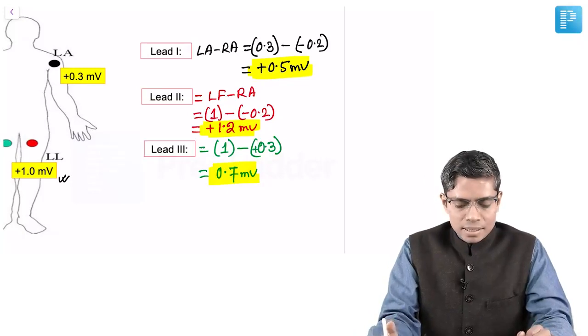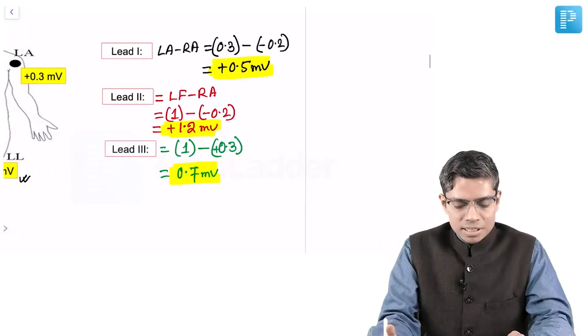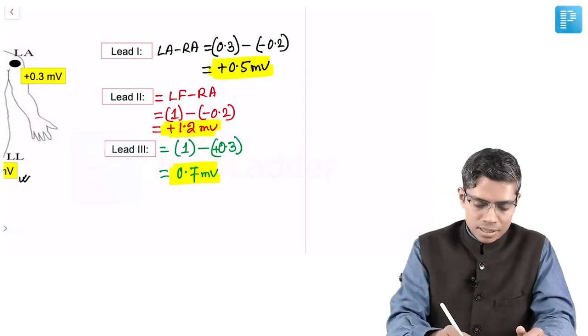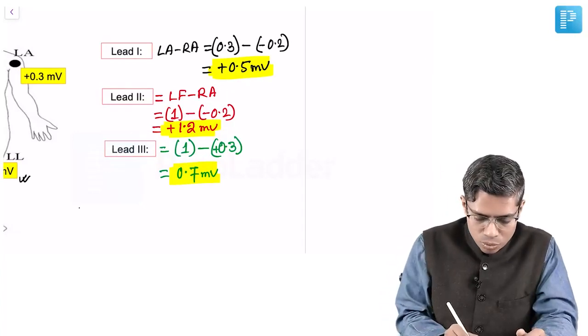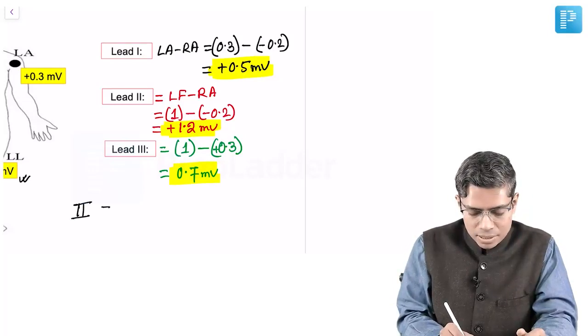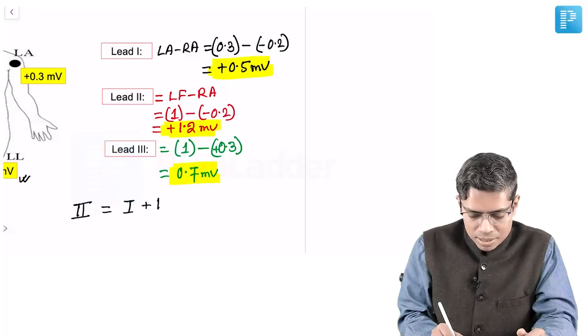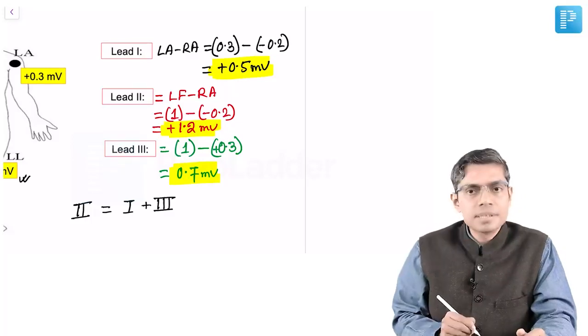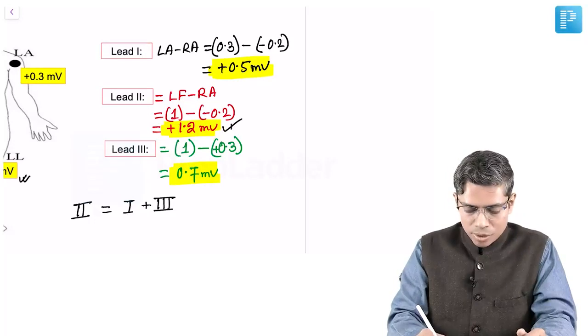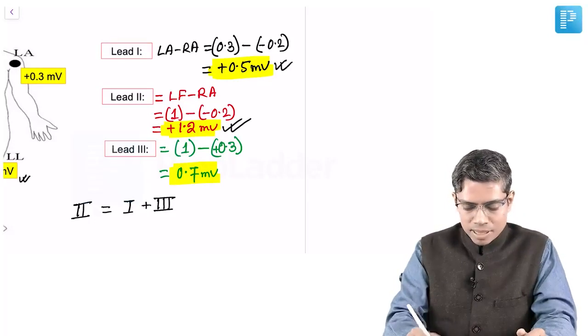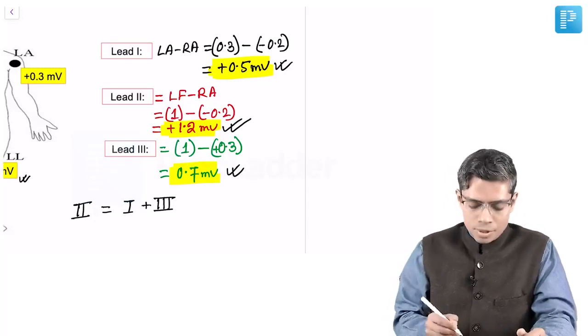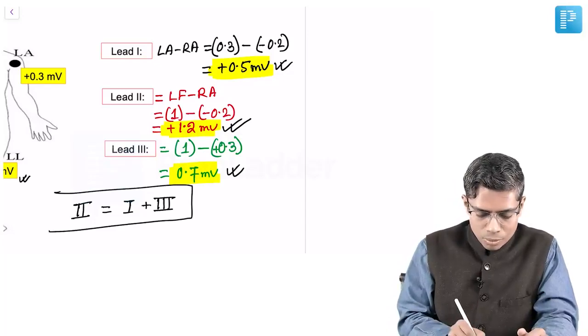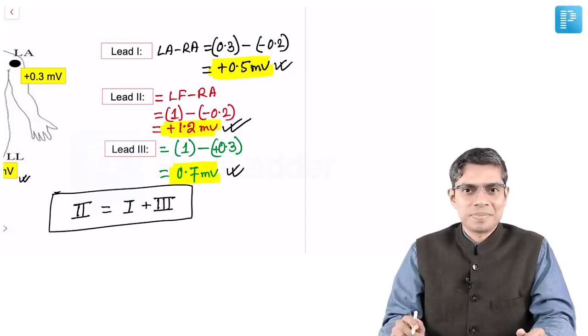So are you getting any relationship between this lead 1 voltage, lead 2 voltage or lead 3 voltage? Answer is yes. Lead 2 voltage is equal to the lead 1 voltage plus lead 3 voltage. So this is 1.2 millivolt, which is equal to 0.5 plus 0.7. So 2 is equal to 1 plus 3.